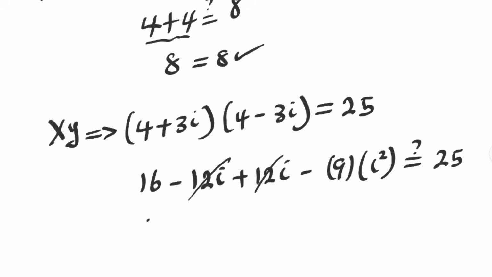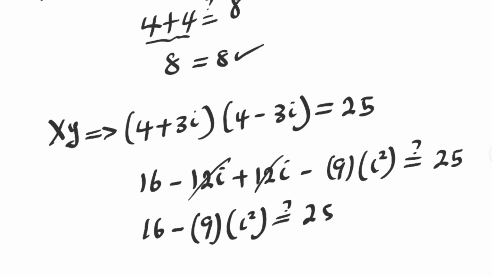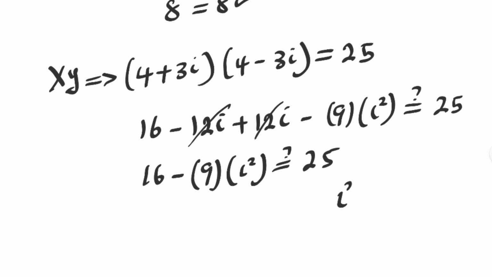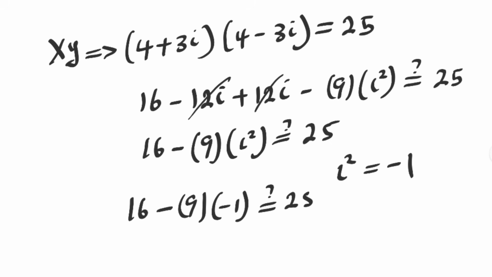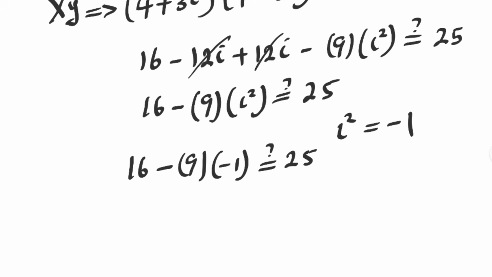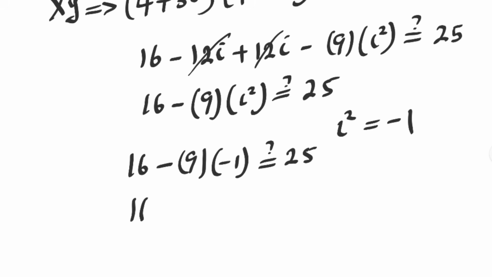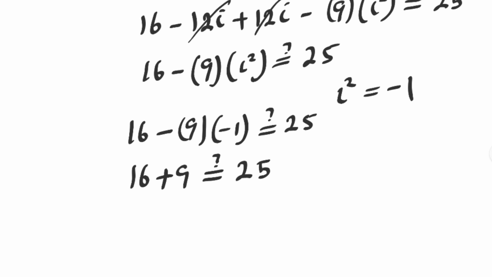This cancel this. 16 minus 9 multiplied by i square must be equal to 25. i square is equal to minus 1. 16 minus 9 multiplied by minus 1 must be equal to 25. Then minus 9 times minus 1, that is plus 9. We have 16 plus 9 must be equal to 25. 16 plus 9, this is 25, is equal to 25, which is true.